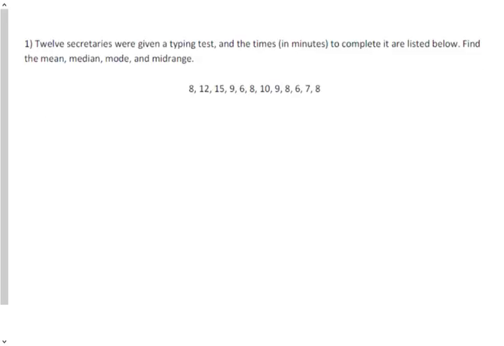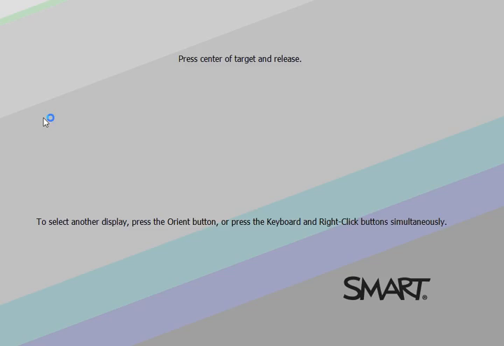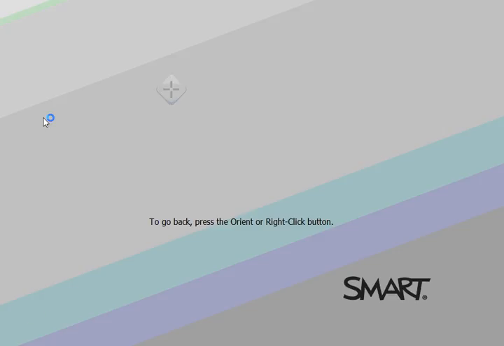So, in part A, this is the first question. Let's take a look. Find the mean, median, mode, and mid-range. So let's define each of those. The mean. Give me 1 second, because my board definitely needs a fix there.